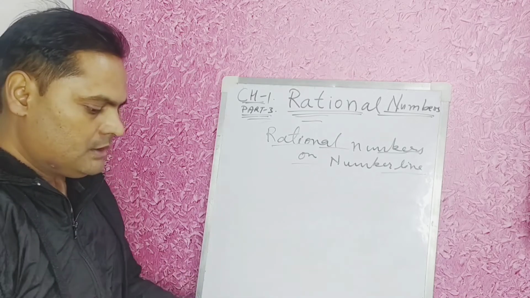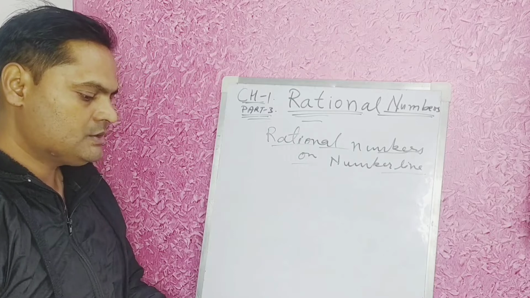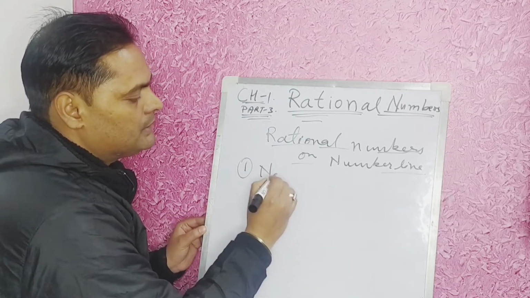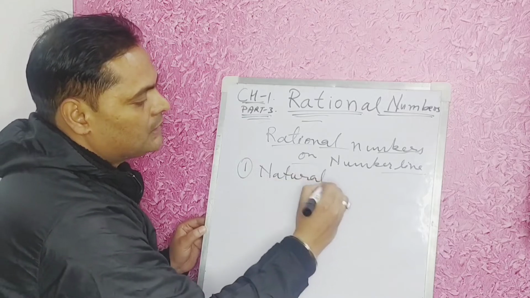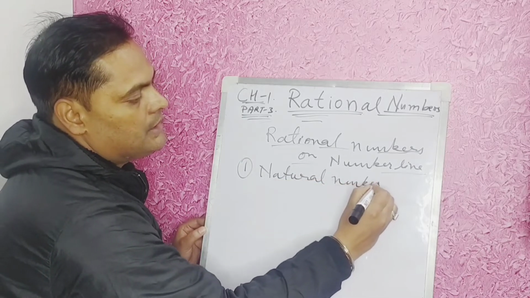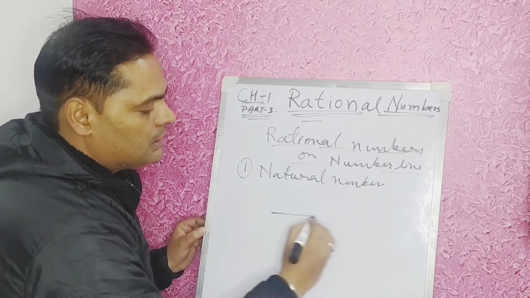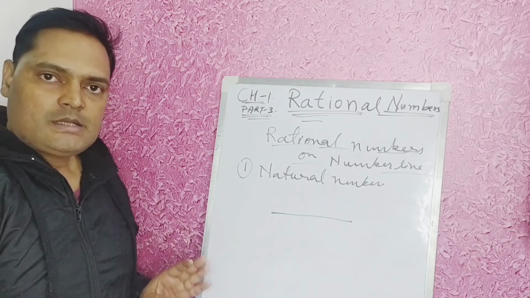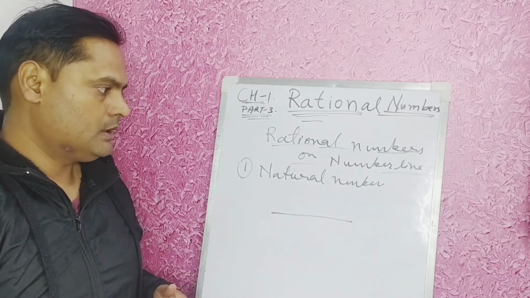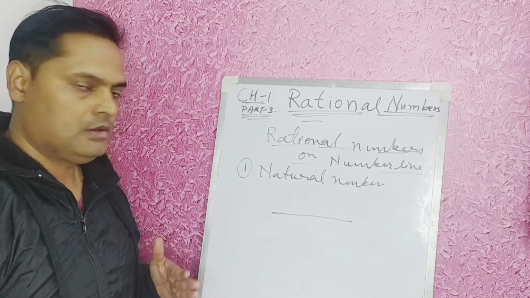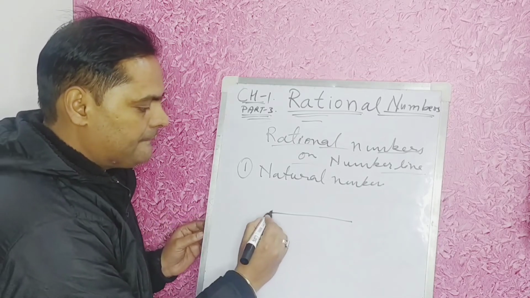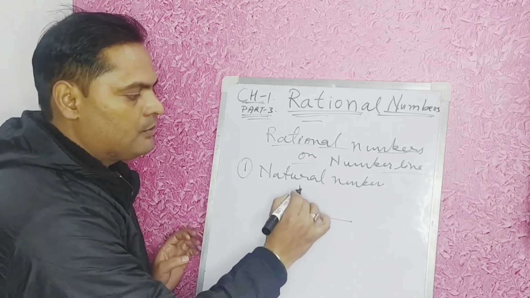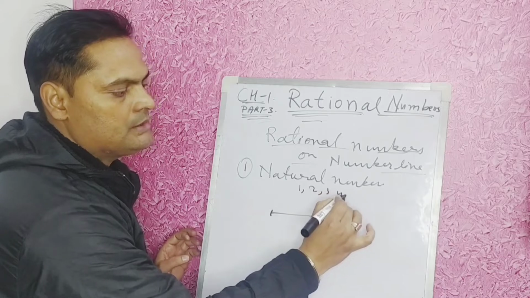So let's see how we present the natural numbers here. The first topic is natural numbers, and how to represent them. Try to understand with an open mind, don't take any burden on your mind. We already know that natural numbers start from 1, 2, 3 and so on.